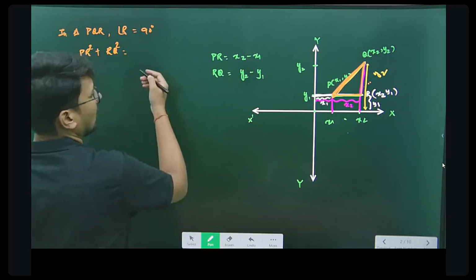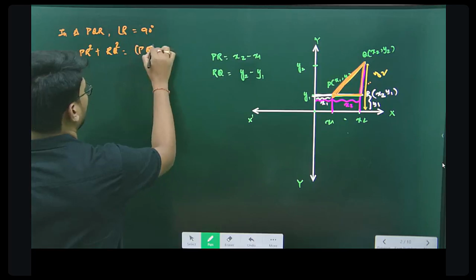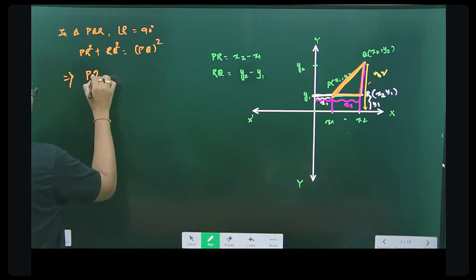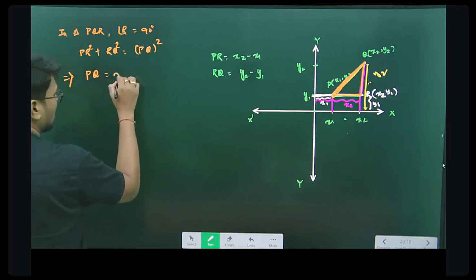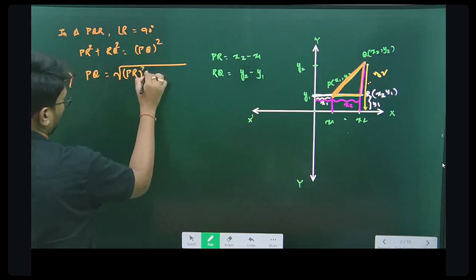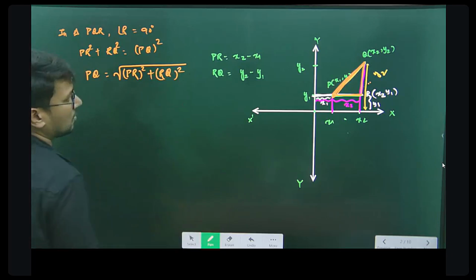Say it, PQ square, yes or no? So, but children, we need PQ. We need what is PQ? PQ equals to square root of PR square plus RQ square. Right or not?